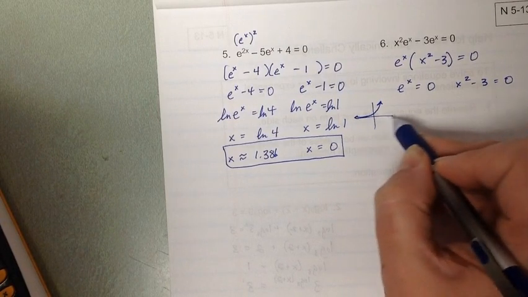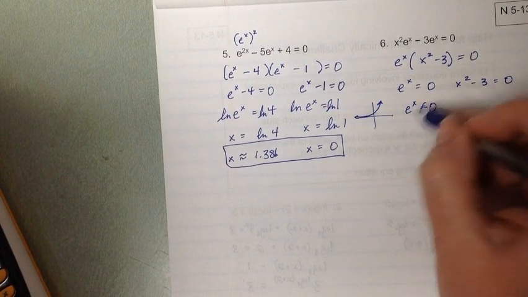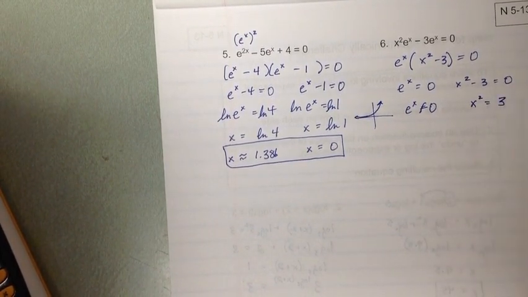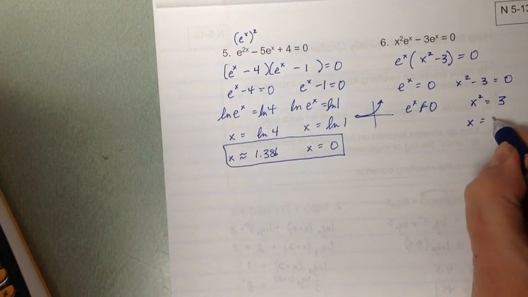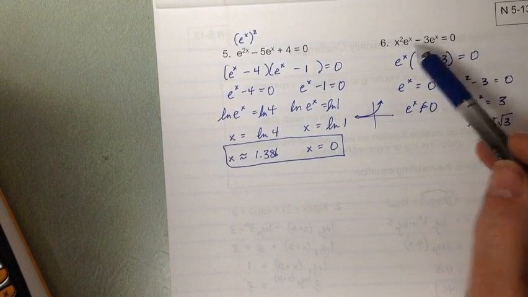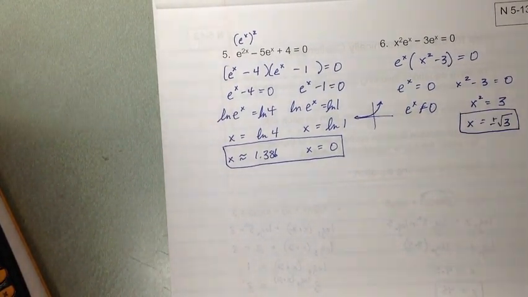But it's never equal to 0. It's impossible. e to the x cannot equal 0, so I don't get any solutions from that part. On this side, I've got x squared is equal to 3, so x is equal to the positive or negative square root of 3, and that's it. Okay, my answer is positive or negative square root of 3.